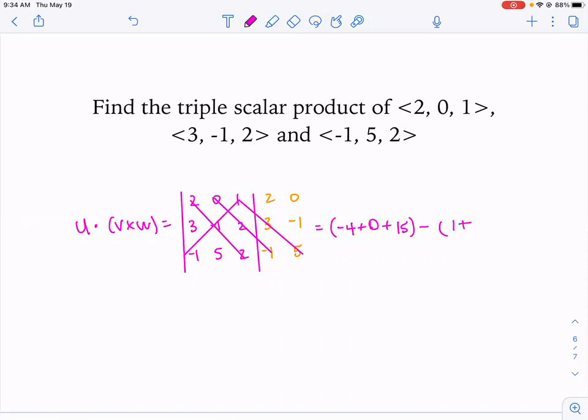Plus 1 plus 0. So we have 11 minus 21. -10 is our answer.